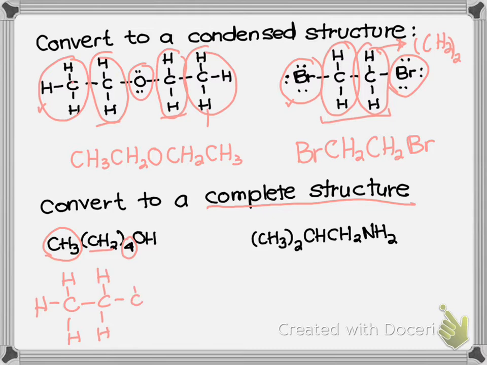So there's 1, 2, 3, 4, and then I have an OH. So OH, and the oxygen has 2 bonds and 2 lone pairs, as we learned in a previous video based on the octet rule, so I will add them back.